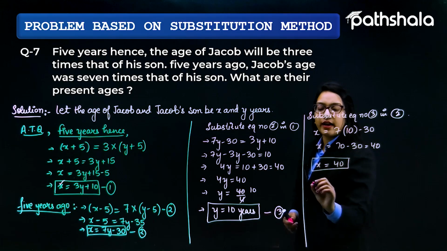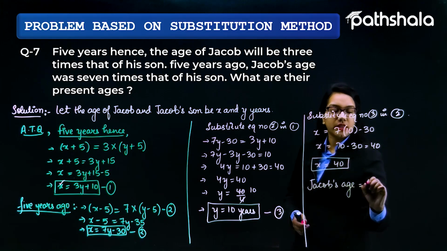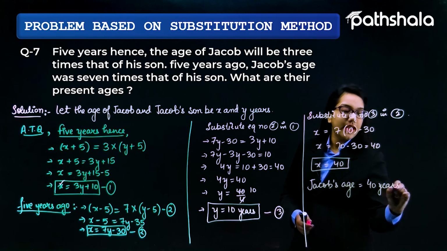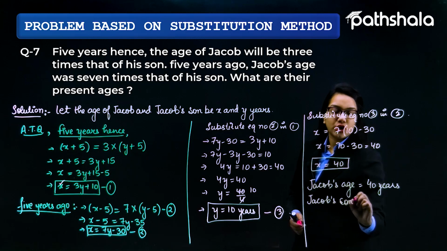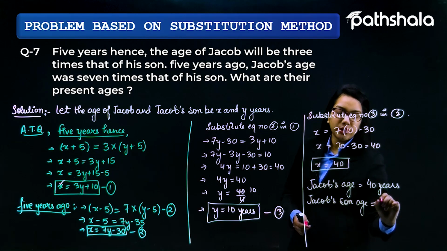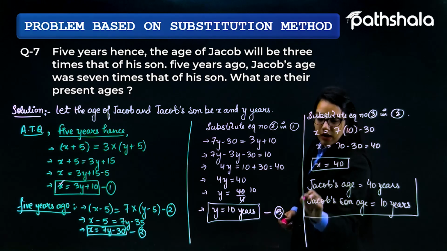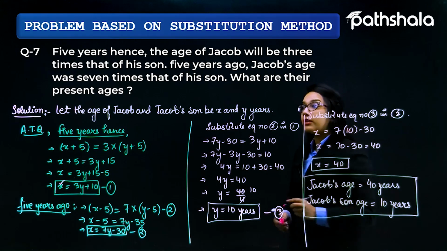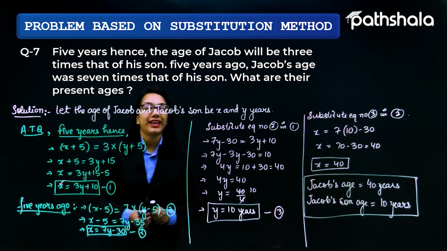So at the end, we are getting Jacob's age as 40 years and Jacob's son's age as 10 years. This is our answer. Both of these are the present ages, because we have taken the present ages as x and y.